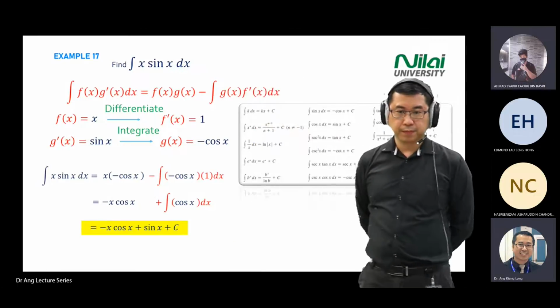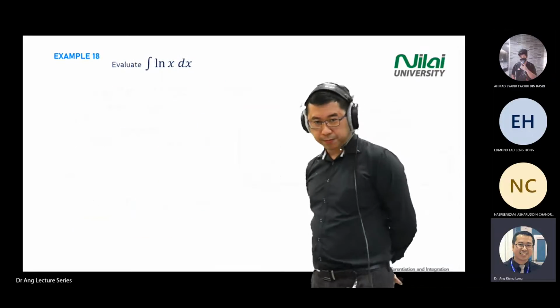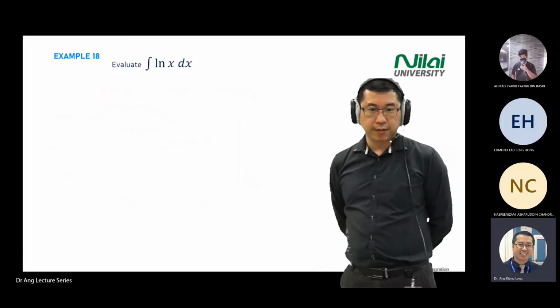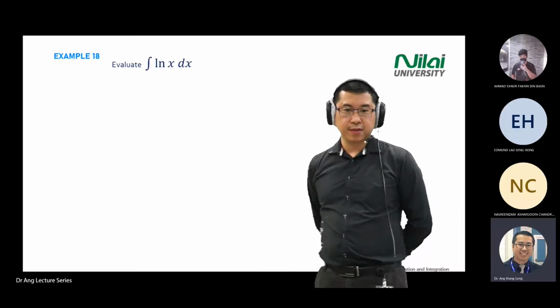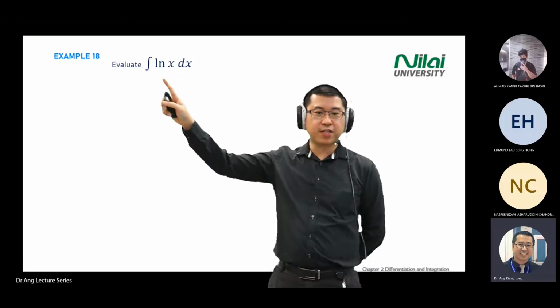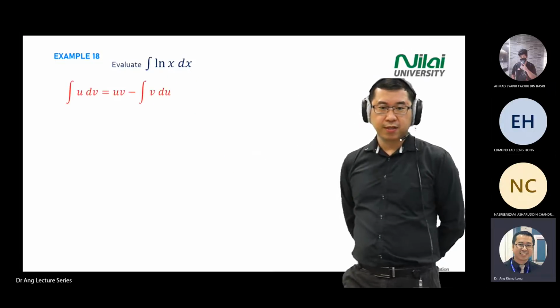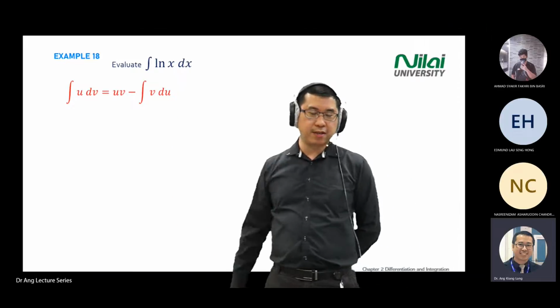No question, sir. Good. Okay. Let's look at one more example. Okay, so example 18, evaluate this one, or solve this one. Solve integration of ln x dx. So I'm showing you another method.